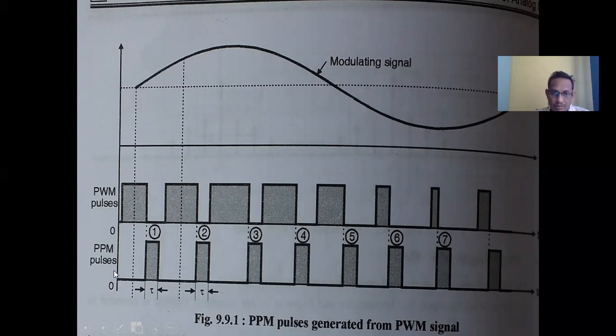So in case of pulse position modulation, your width is always constant, but its position can be changed. In this case, this is the point where I can shift the position of the width. This is the shifting of width, shifting of width. So this lower waveform is called a pulse position modulation.